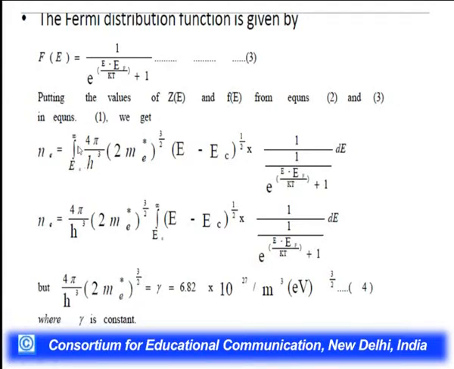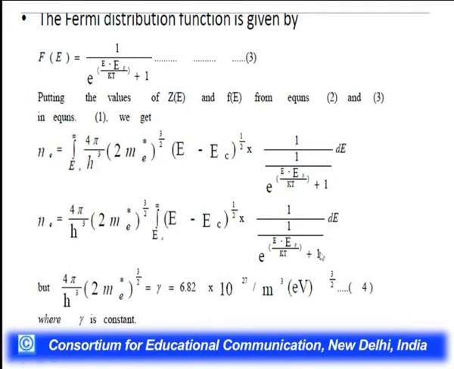Putting this value of Z(E) and F(E) in equation 1, we have N(E) equal to the integral from EC to infinity of 4 pi by h cube (2 me) to the power 3 by 2 times (E minus EC) to the power 1 by 2, and here we put the value of F(E). Now by solving this, we take the interval between EC and infinity for this energy level.